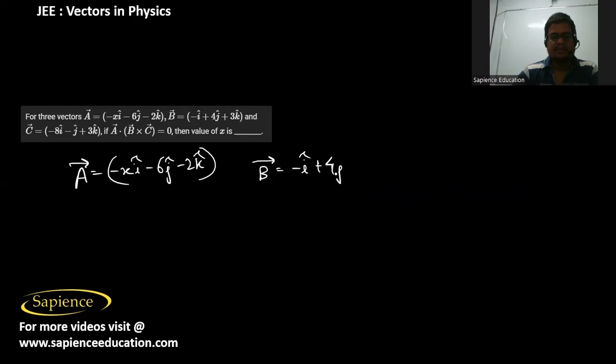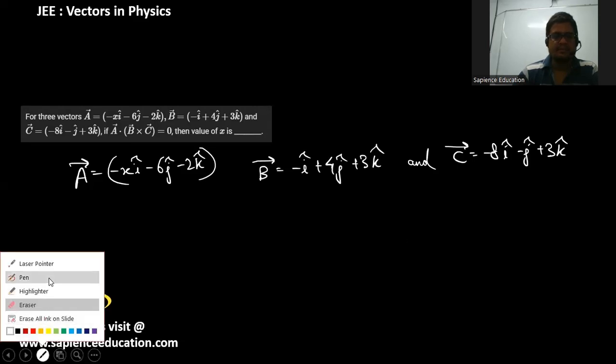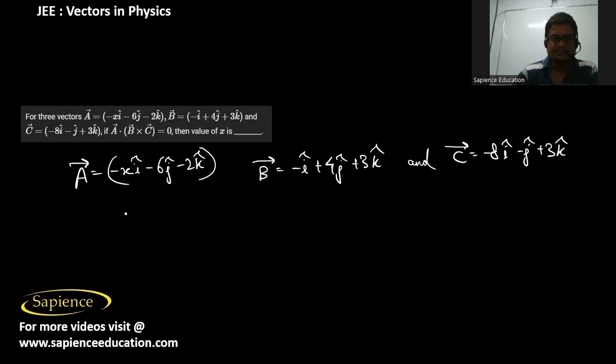Then here it is told that for 3 vectors, a vector equals minus x i cap minus 6 j cap minus 2 k cap, b vector equals minus i cap plus 4 j cap plus 3 k cap, and c vector equals minus 8 i cap minus j cap plus 3 k cap. Now b cross c we have to find out.